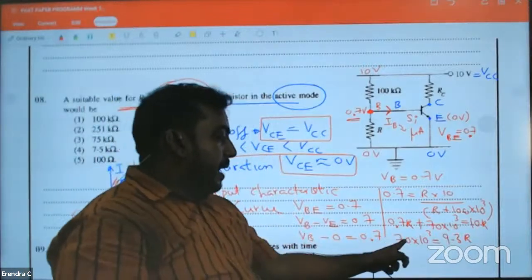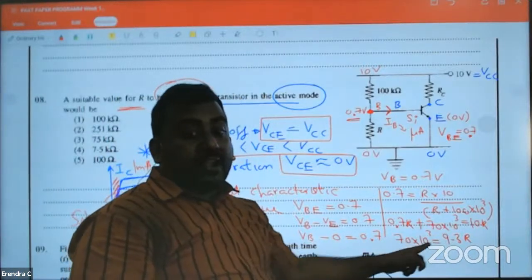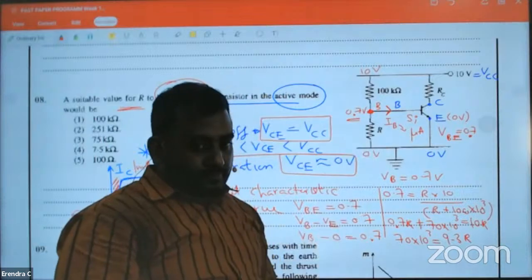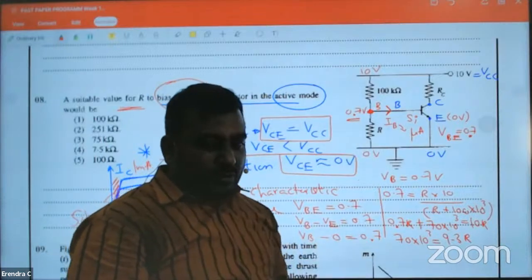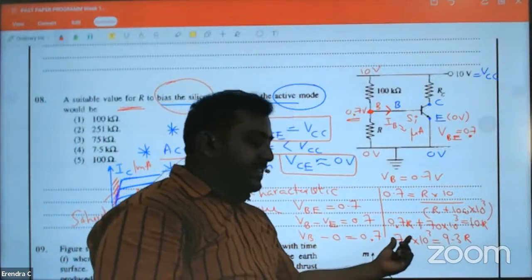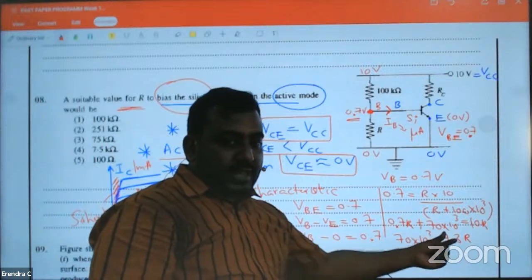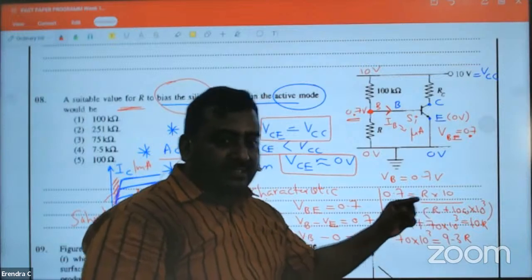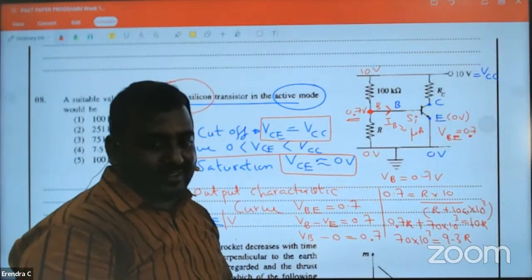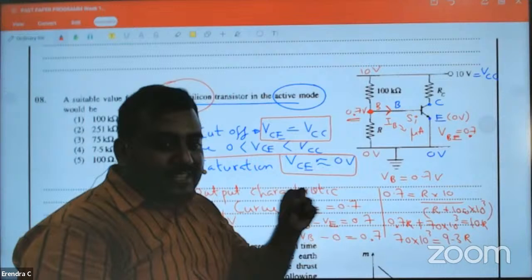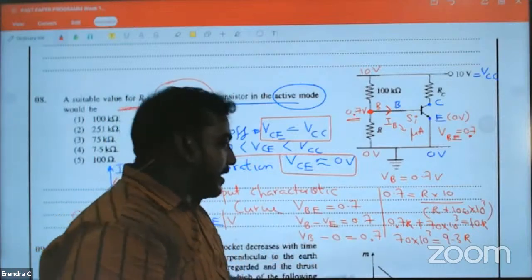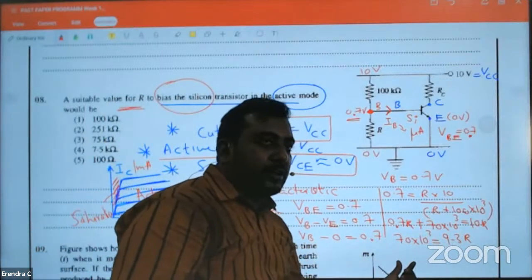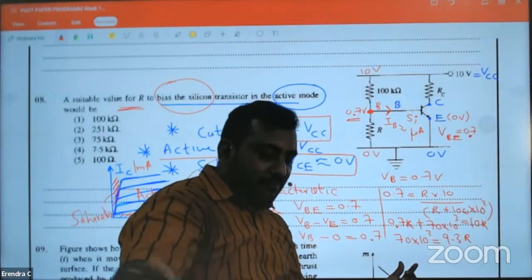I'm dividing 70 by 9.3. Assume 10: if I divide by 10, I get 7 kilo. If I divide by something less than 10, is it more than 7 or less than 7? You can't calculate this in an MCQ, and 9.3 is difficult to divide.